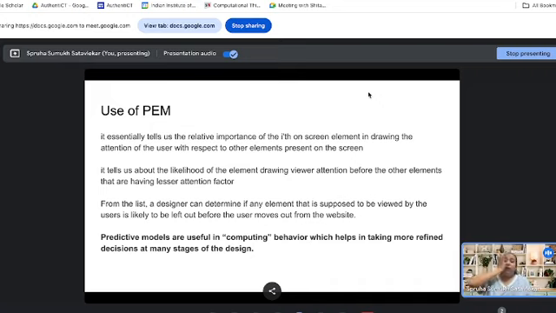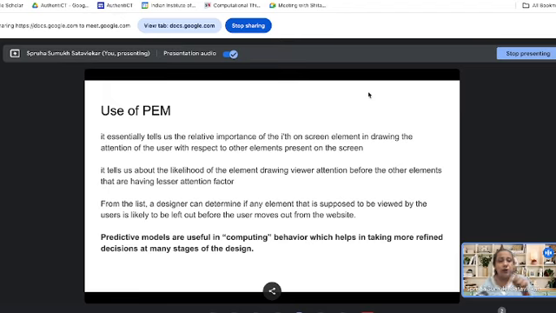So now I'll explain how it is predictive. Why is it not descriptive? If I know that users usually read information on a screen in an F pattern.